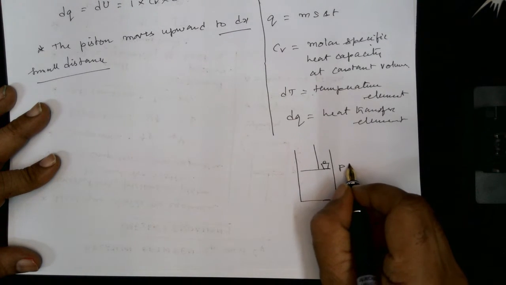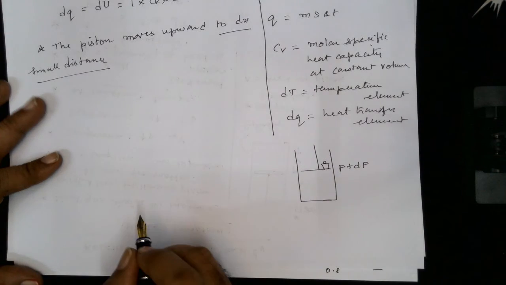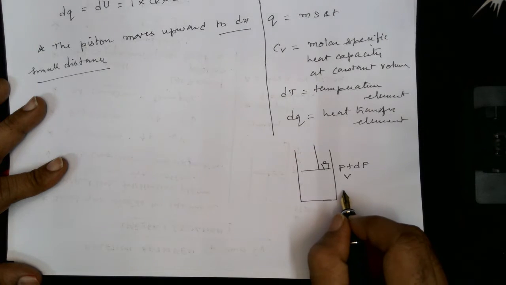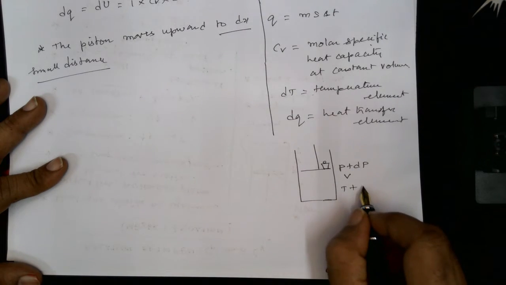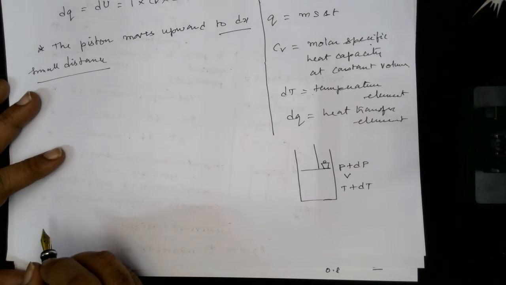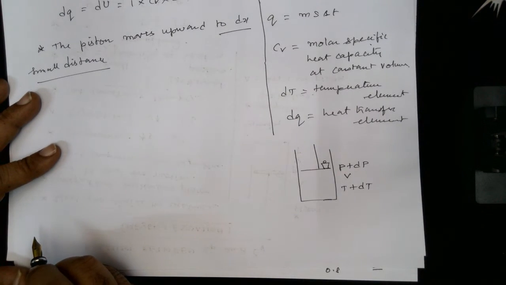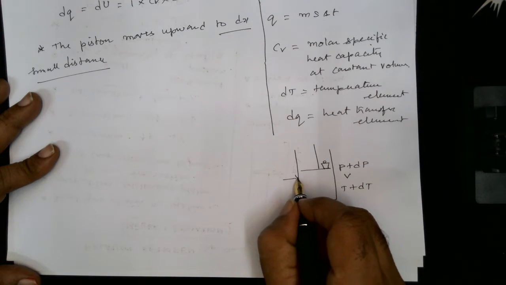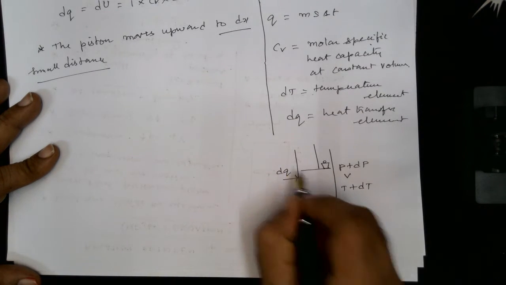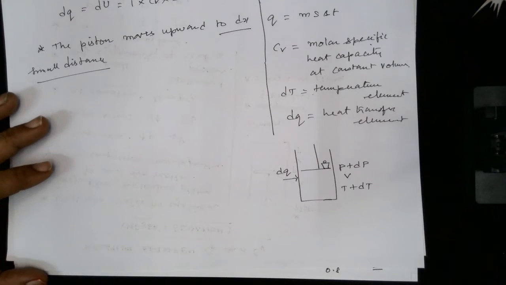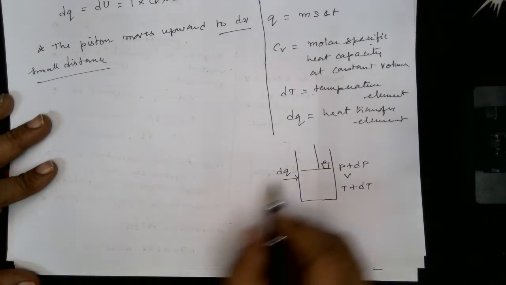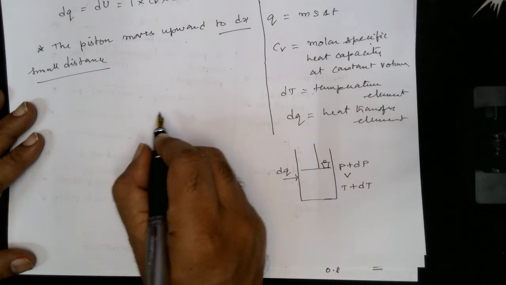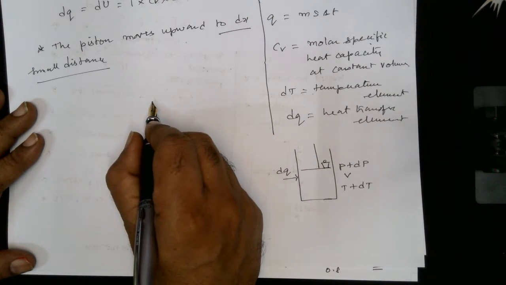So P plus dP, and volume remains as such, but the temperature is T plus dT in this case. And at that time, the quantity of heat transferred is dQ. This is the quantity of heat transfer. Now I am removing the weight.